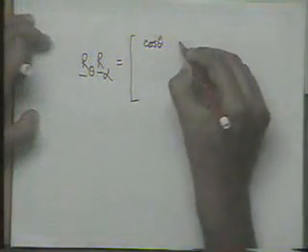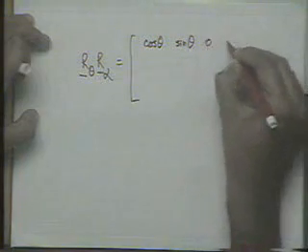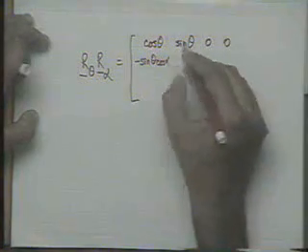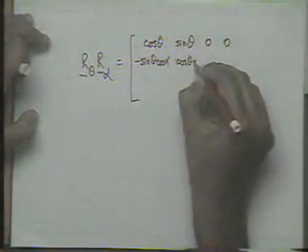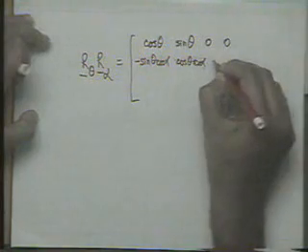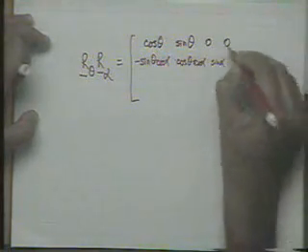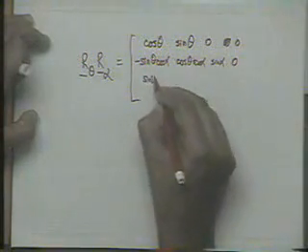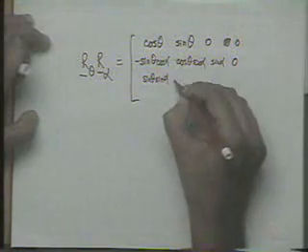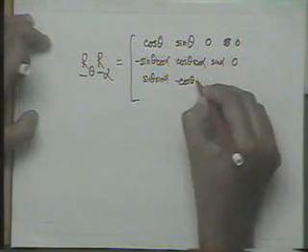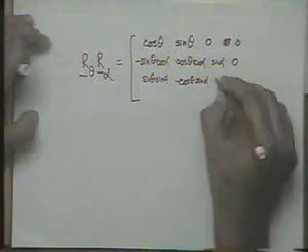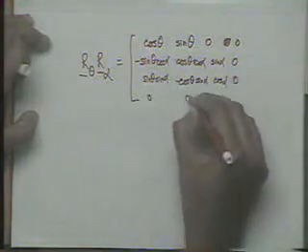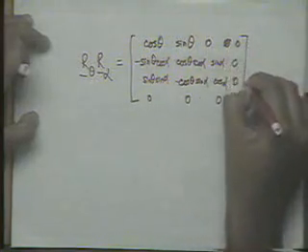Its elements are cos theta, sin theta, 0, 0, minus sin theta cos alpha, cos theta cos alpha, sin alpha, 0, then sin theta sin alpha, minus cos theta sin alpha, cos alpha, 0, 0, 0, 0, 1.